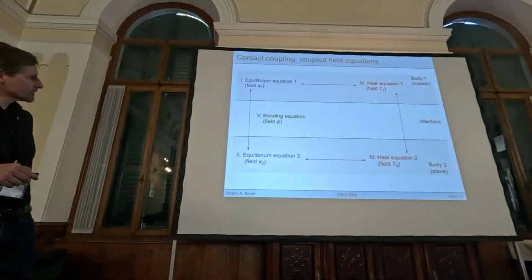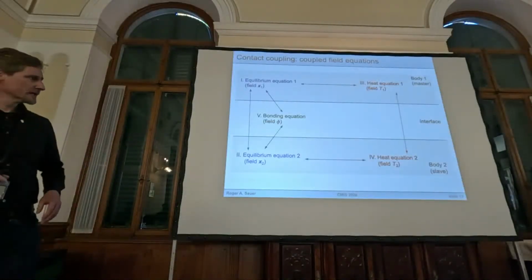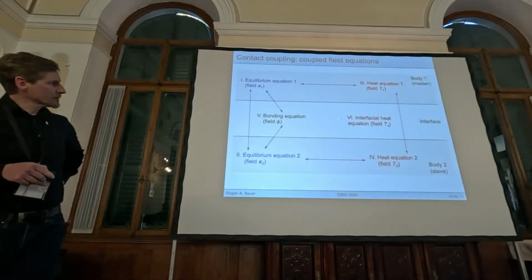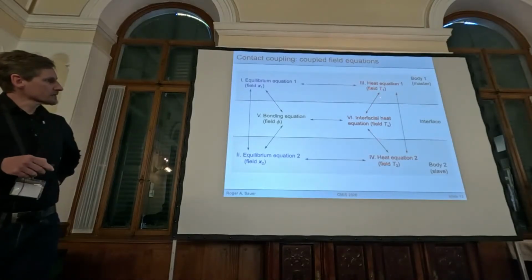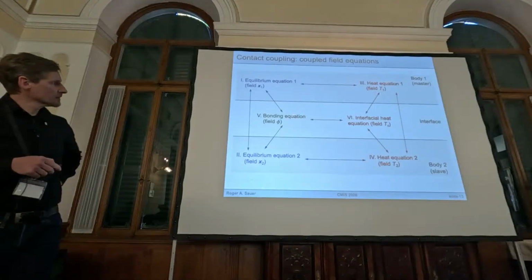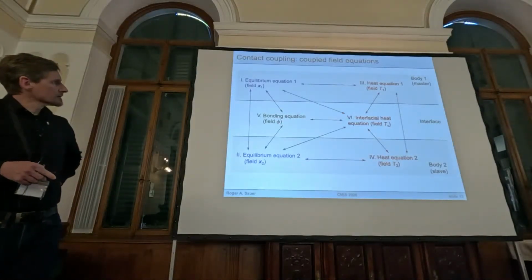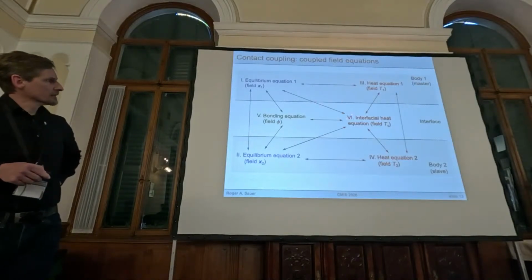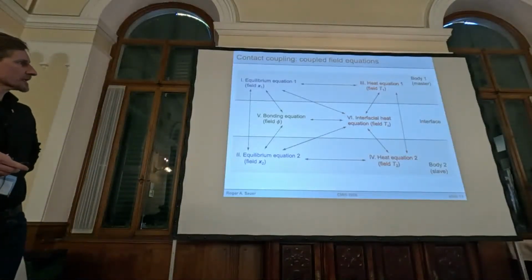Then there is the bonding equation for the field phi, which can depend on the mechanics by pressure, for instance, and can also be connected to the last equation, which is the interfacial heat equation that is connected through heat fluxes with those equations and with this one, for instance, because of the chemical reactions that produce heat. And also there's coupling in this way because the pressure, or the friction, could affect the interfacial heat development.